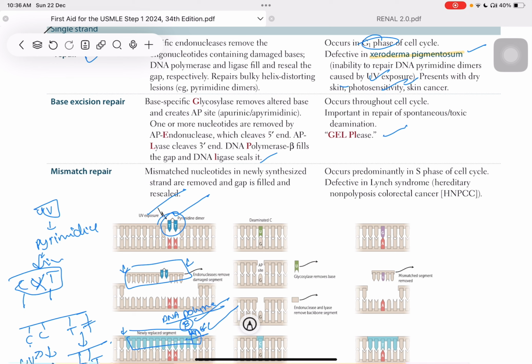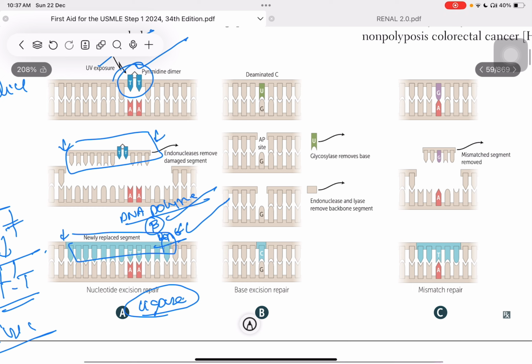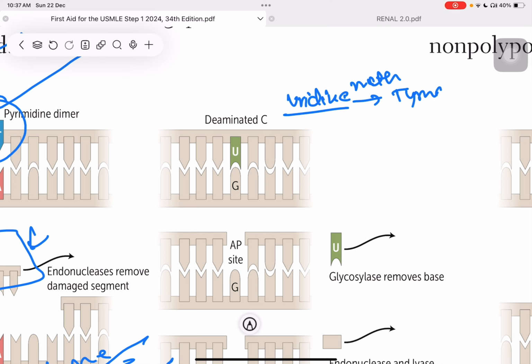So what is the basic problem and how do we deal with it? This is abnormal DNA. You don't have uridine over here. So let's go to the basics once. Uridine on methylation gives thymidine. On amination gives cytosine.